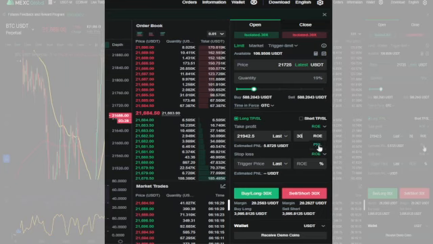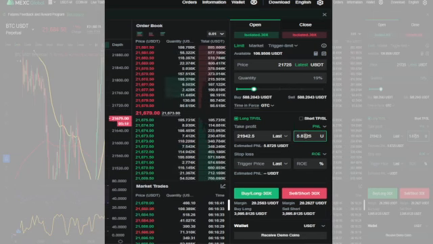Now, there's another way you can do this, and you can set it at P&L. That's your profit and loss. And when you're doing a challenge like I'm doing, I want to be able to just set my profit right off the bat. Boom, $6. That's what I'm looking to gain when I make the trade, regardless of what the trade is.